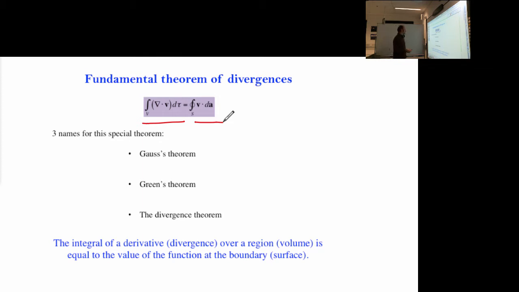So let's do an example to show it in use. We're going to test the divergence theorem for the above function, and we're going to take as our volume the cube shown below, which has a side length of 2. First of all, let's write out our divergence of v.